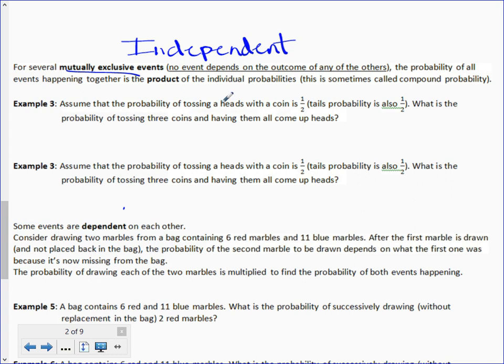So here's an example. What's the probability of tossing heads 3 times in a row? Okay, so the first time you flip it, what's the chance of getting heads? 1 out of 2. The next time you flip it, does it change? It's still 1 out of 2. It's independent probability. Like the third time.